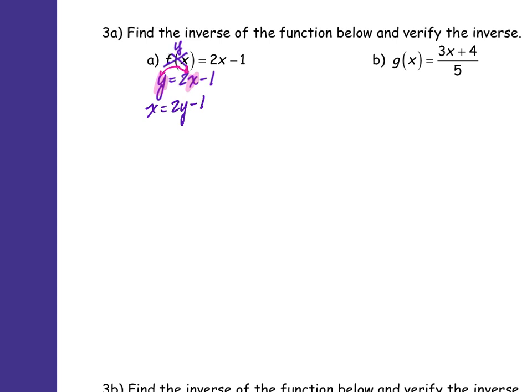Get y by itself. Yep. What am I going to do first? Put the -1, add it to the side of the x. Beautiful. I'm going to add 1 to both sides. That was great. So I get x plus 1 equals 2y. Okay? And then what am I going to do?